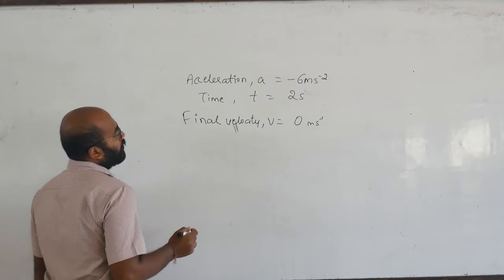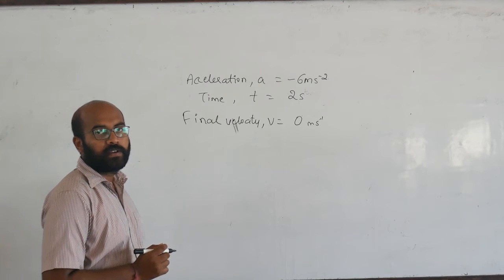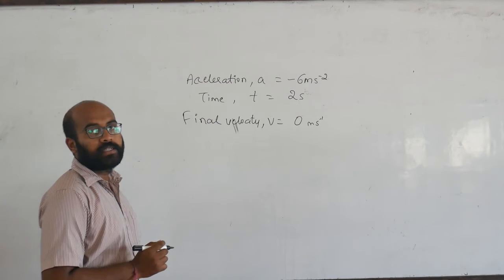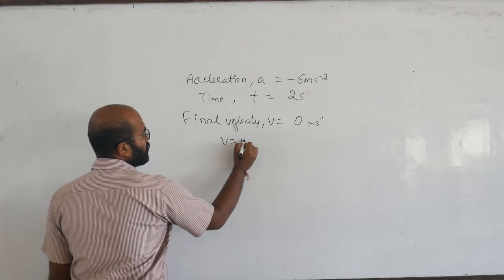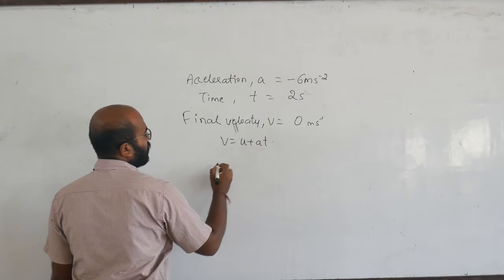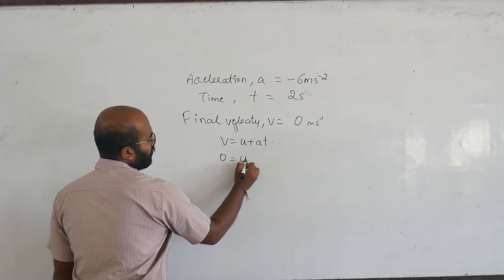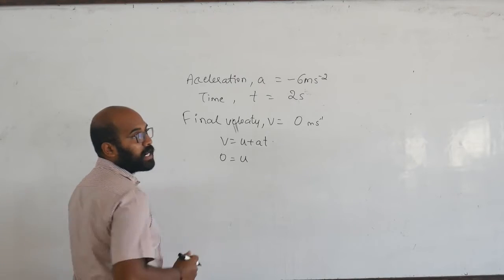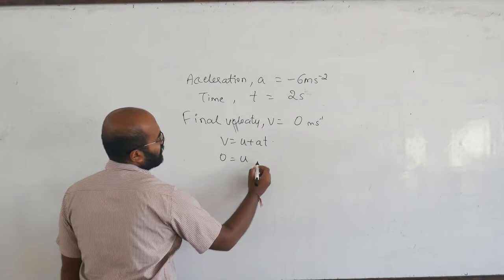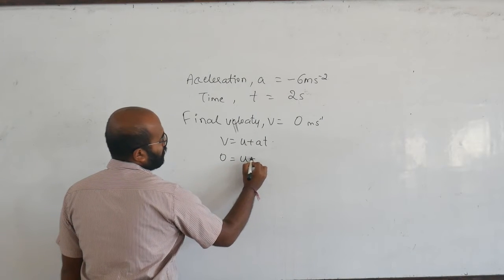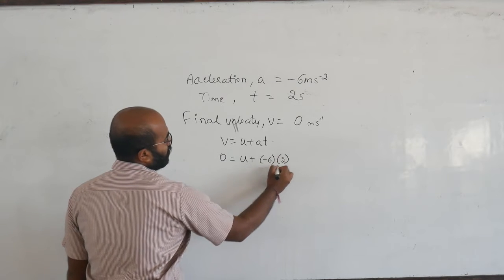So we know what is a, we know what is t, we know what is v, but we need to find initial velocity. So to find the initial velocity, using equation v is equal to u plus at. v is 0, u we need to find out. a is minus 6, t is 2.